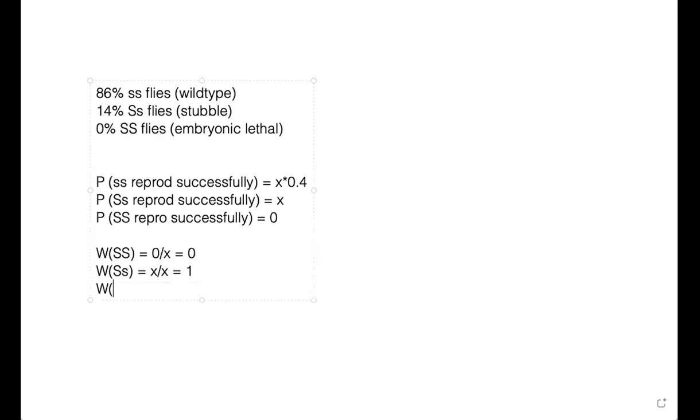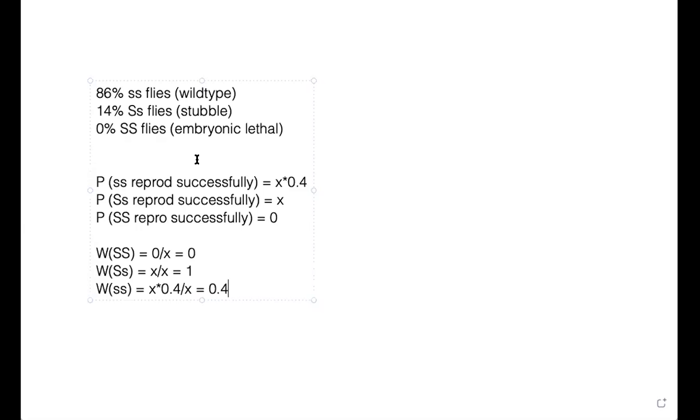And the relative fitness of the little s individuals, the wild type, is X times 0.4 divided by X, which happens to be 0.4. So what this is saying is that if you are a wild type fly, your chances of reproducing successfully are only 40% as good as the chances of you successfully reproducing if you are a stubble fly. So that's how you model the effect of selection here.